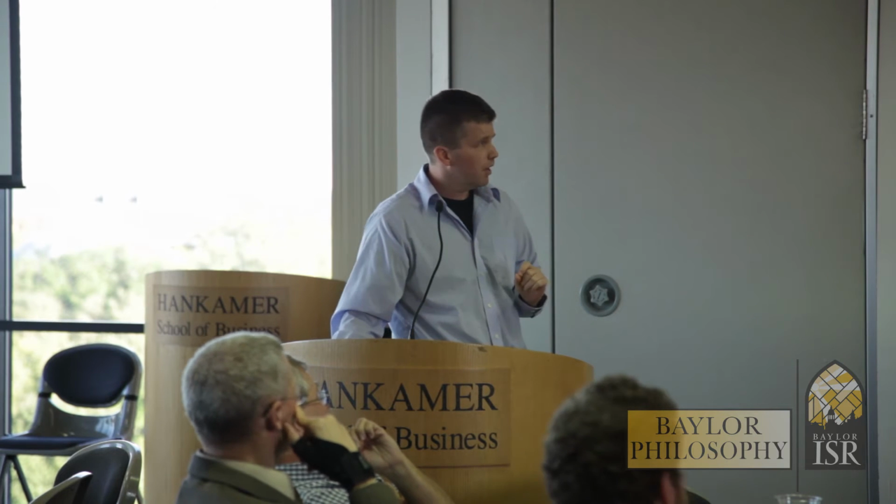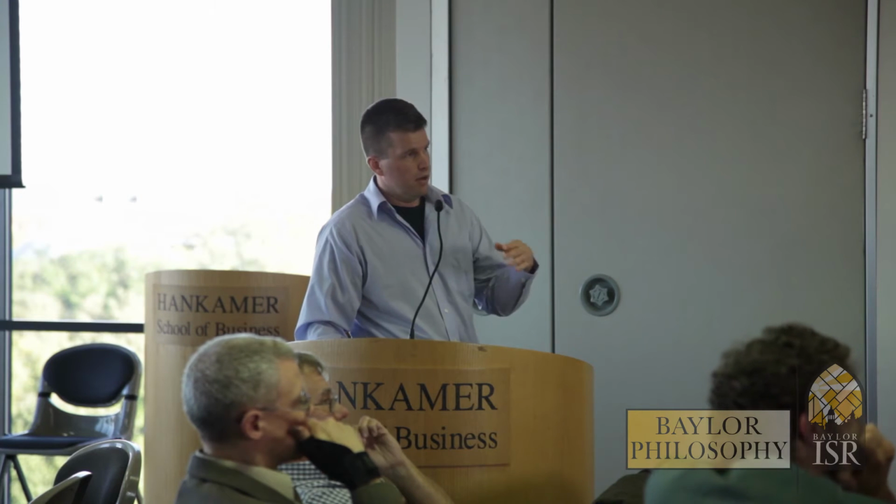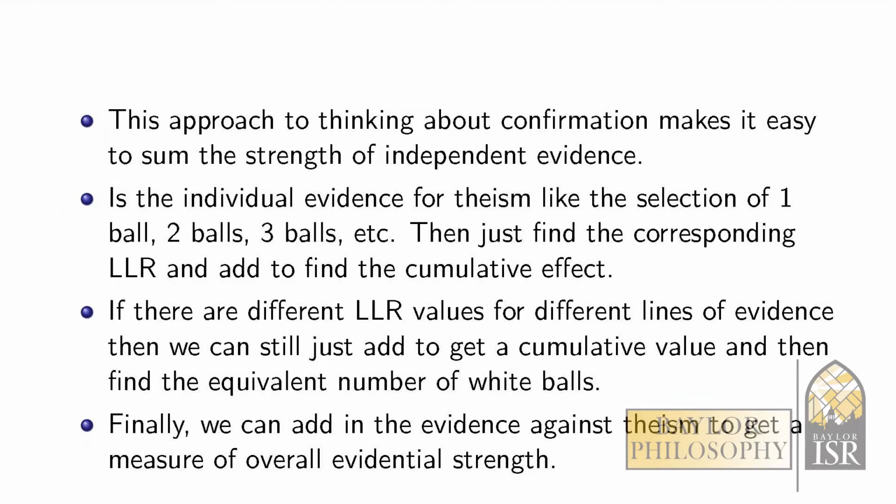So the values of these log likelihood ratios really do matter, and they need to be defended. Richard has done some really good work in his book. He wouldn't put it as defending values for the LR, but that's exactly what it is: defending substantive values for the likelihood ratios.